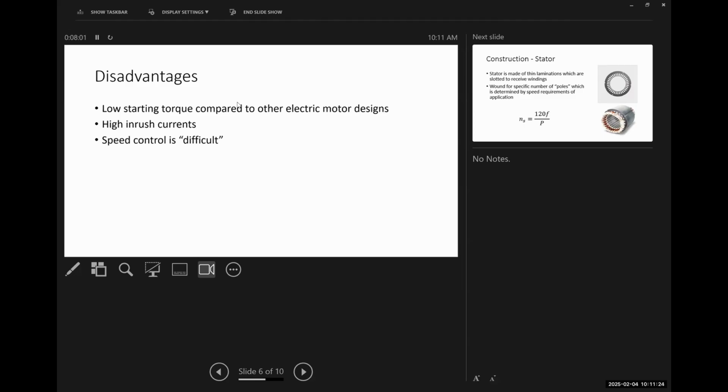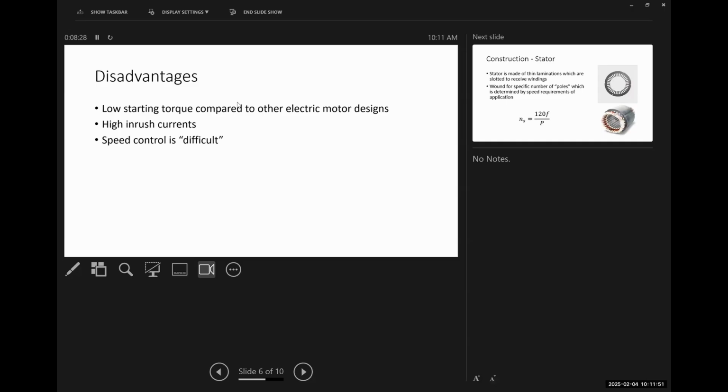Yeah. They have very high inrush currents. This is something that we're going to talk about a little bit later on. But essentially, right when an induction motor is starting, it effectively sees what is called locked rotor current. Because it's not spinning, the rotor windings effectively just look like a really large short circuit.